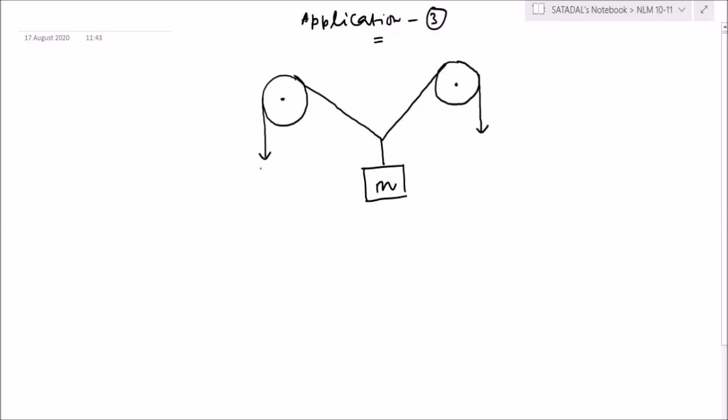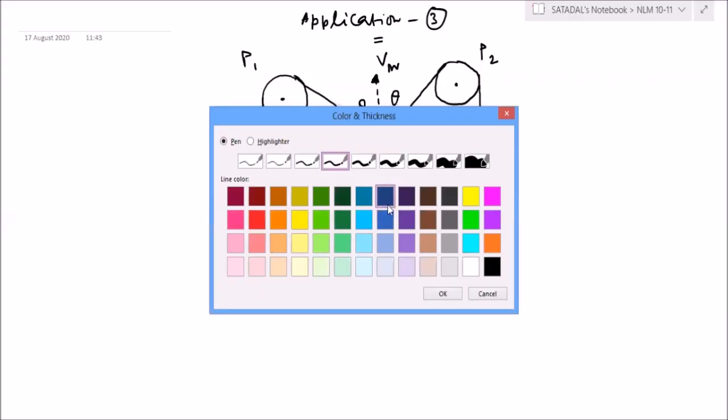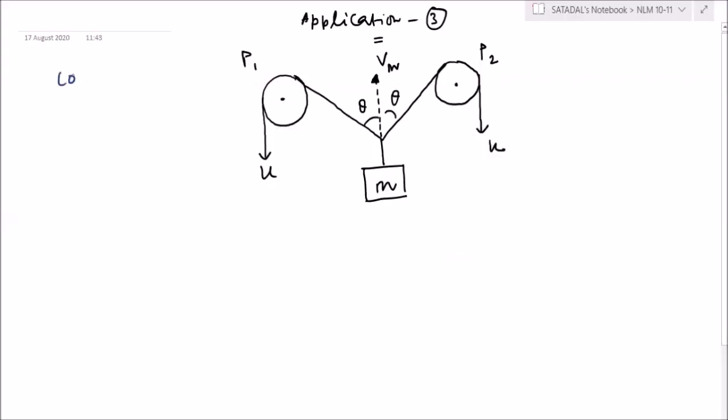Both sides of the string are pulled with constant speed u. These are two fixed pulleys, P1 and P2. As a result, this M will start moving in the upward direction with some velocity Vm. This is theta, this is also theta. We have to correlate u, Vm and theta. That is the target actually. We have to figure out the constant relation. So first let us work out the Gadawala method. That is concept 1.